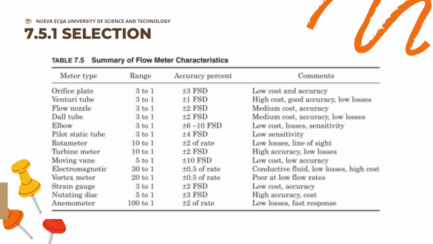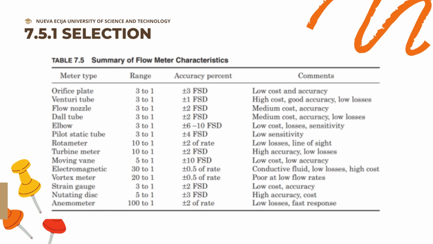If large amounts of particulates are present, the Venturi tube is preferred. The differential pressure devices operate best between 30 and 100% of the flow range. The elbow should also be considered in these applications. Gas flow can be best measured with an anemometer.